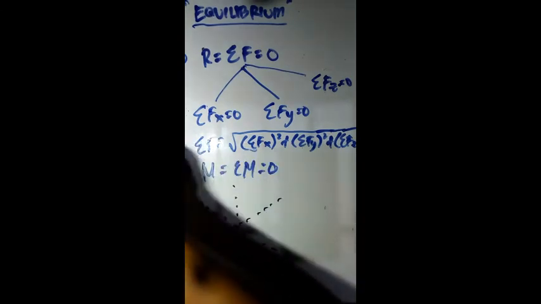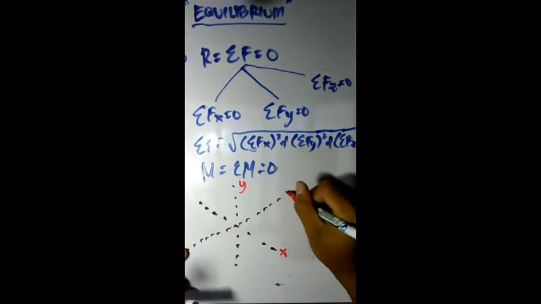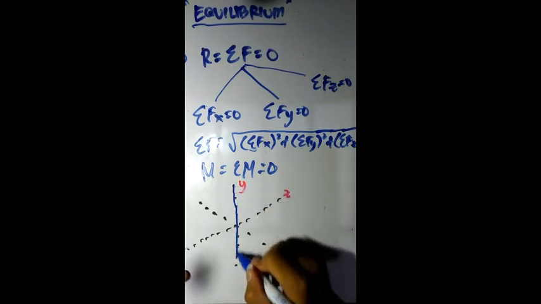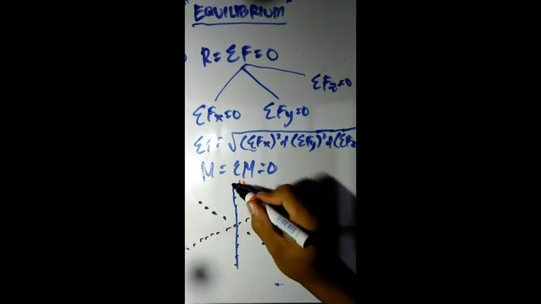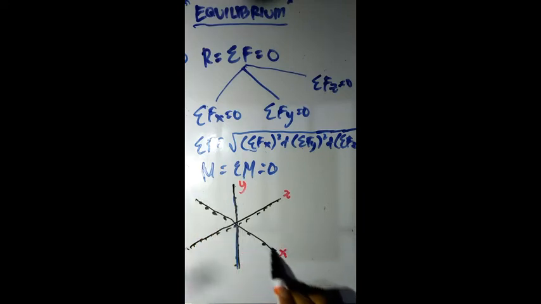This is x, y, and z. Can you imagine this x, y, and z axis? I do hope so.